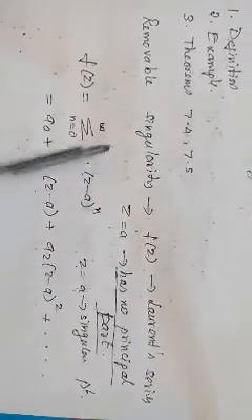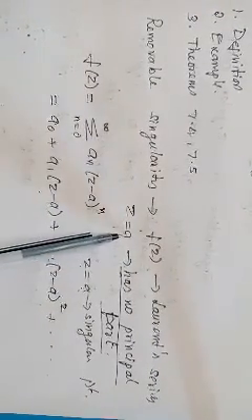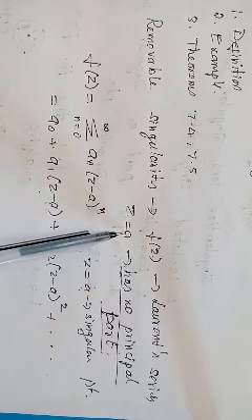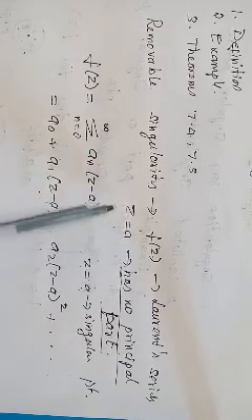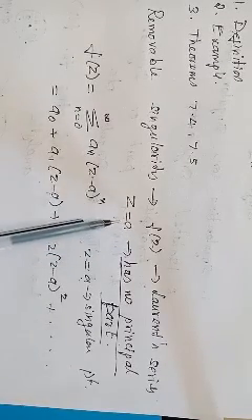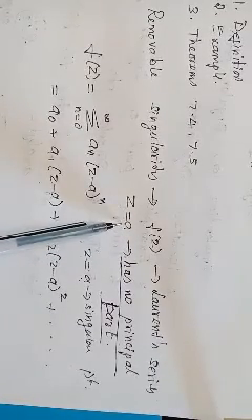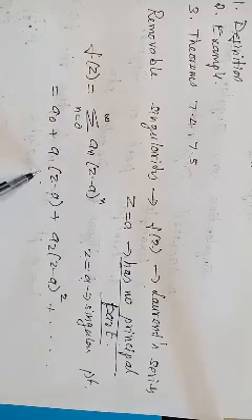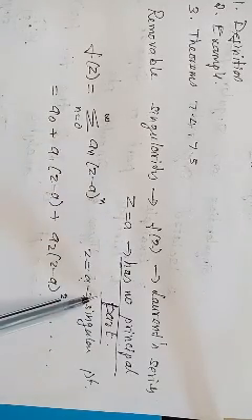But we started with a as a singular point, and if we expand f of z about z equal to a as a Laurent series, then it has no principal part. But the starting point is that a is a singular point for f of z. That means f of z is not analytic at z equal to a. But when we expand as a Laurent series, there is no principal part.